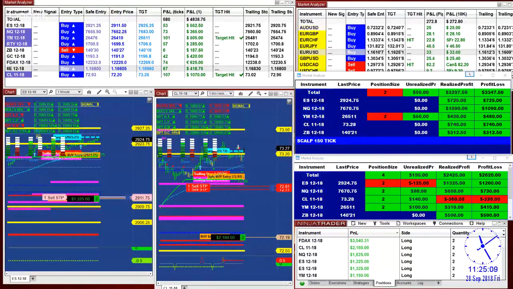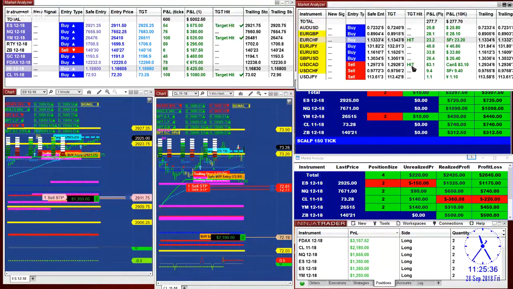We are going up again. Right now, we are 582 ticks from the entry signal. This is not bad for a Friday. On the forex, we have the market analyzer.